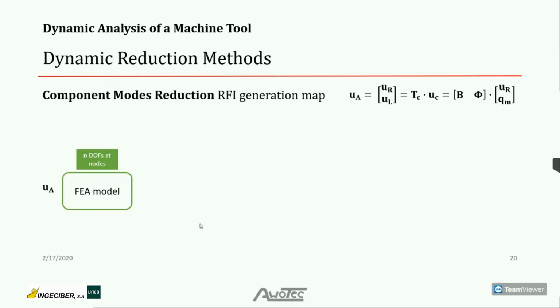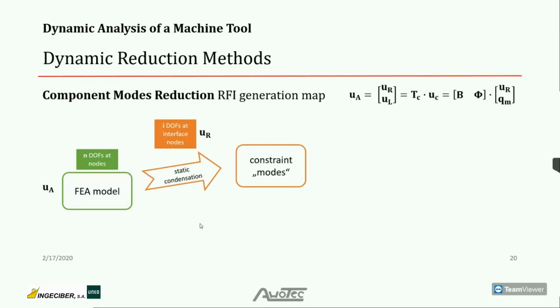In the FEA program, in this situation we used Astran, as mentioned before. We have here the degrees of freedom from the full system, from the FEA model, and there is the so-called static condensation done on one hand. These modes are called constraint modes, even though they are not really modes.